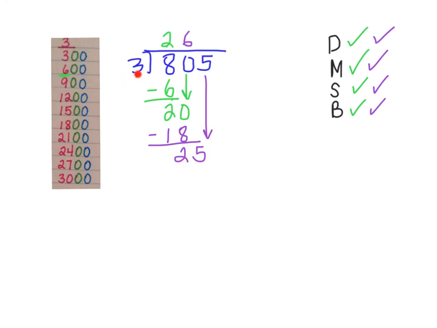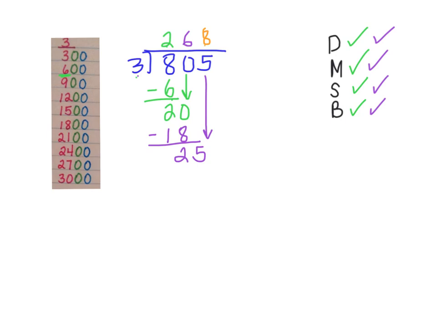25 divided by 3. If I look on my friendly numbers list, I can get to 24, but the next multiple is 27. So 24 is the 6th multiple. Sorry, the 8th multiple. 1, 2, 3, 4, 5, 6, 7, 8. So up at the top, I'm going to record 8.